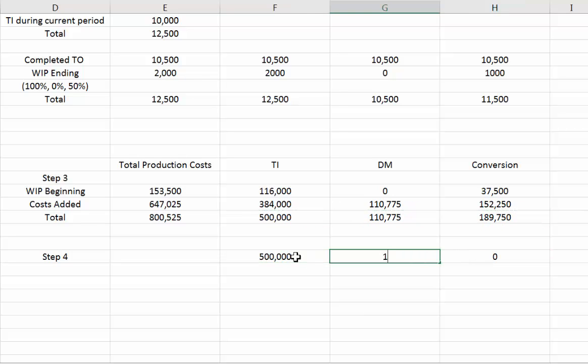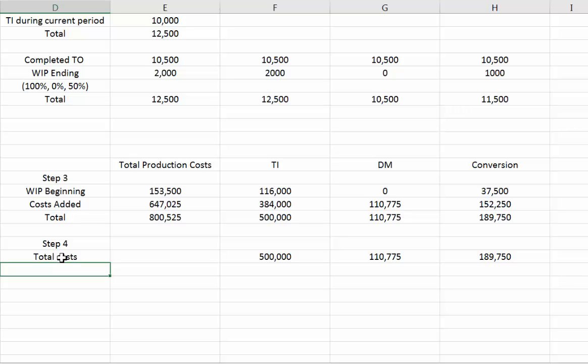Okay, and for this one, I'm looking at these numbers. Okay, so step 4 is I'm going to find the unit cost. So these are the total costs. Okay, let me put a step 4 here. Okay, total cost considered, and also the number of units, right? Number of equivalent. So we're looking at these numbers.